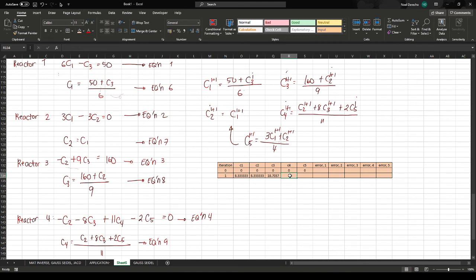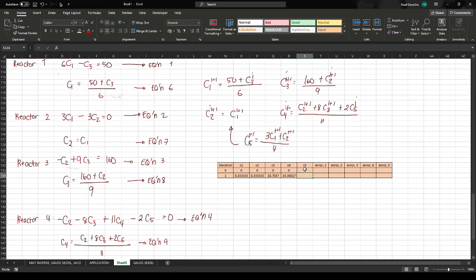C4 is parenthesis C2 plus parenthesis 8 times C3 updated value close parenthesis plus parenthesis 2 times C5, divided by 11.